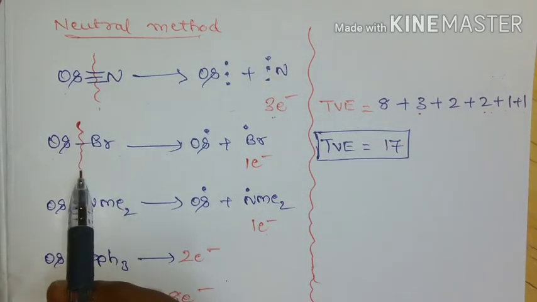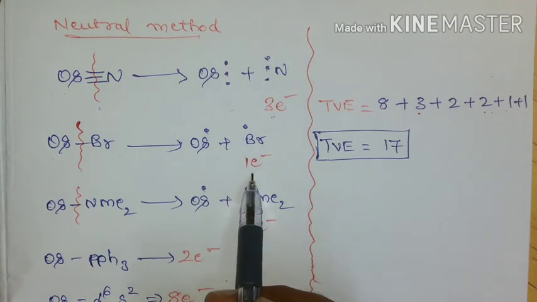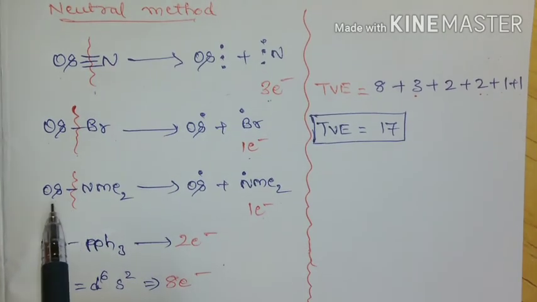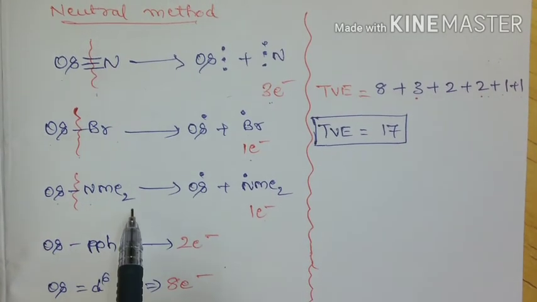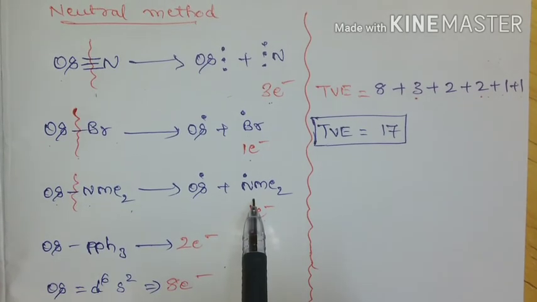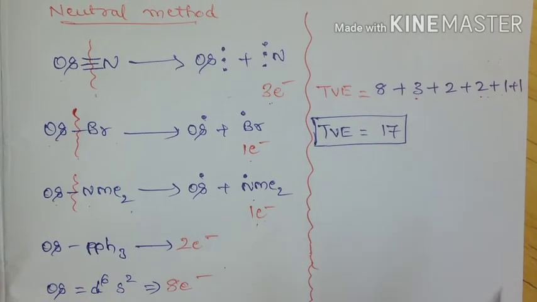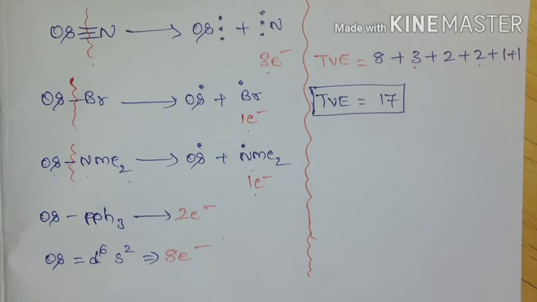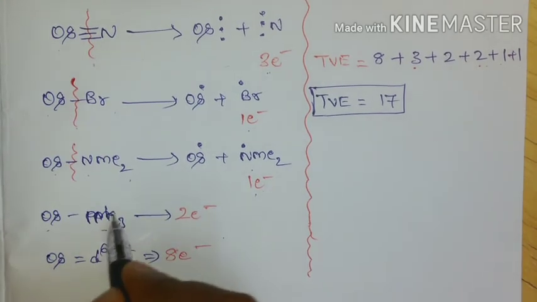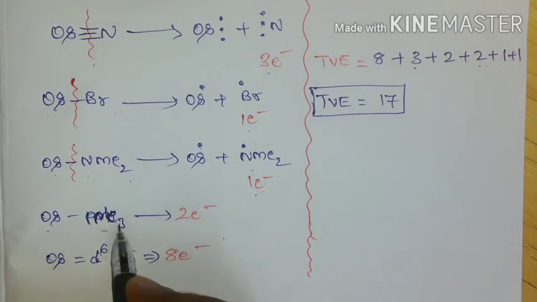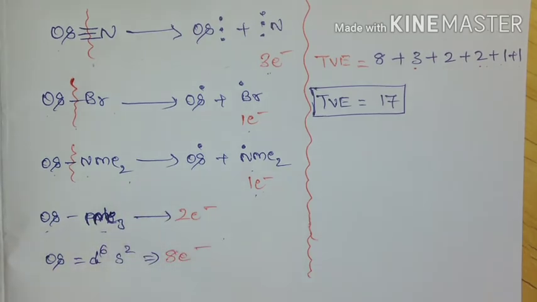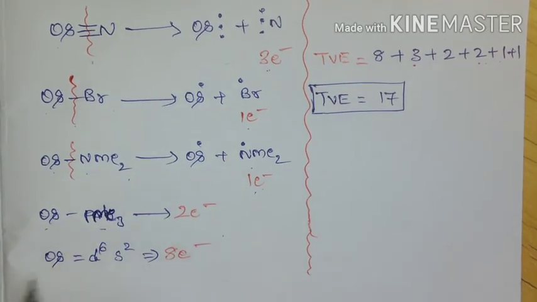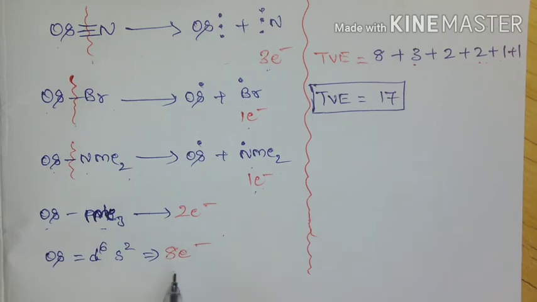Osmium bromo, if I do homolytic cleavage, is going to contribute 1 electron. Osmium NMe2, if I do homolytic cleavage, is going to contribute 1 electron. And osmium PMe3 is also a neutral ligand, it is going to contribute 2 electrons, and the metal contribution will be 8 electrons.